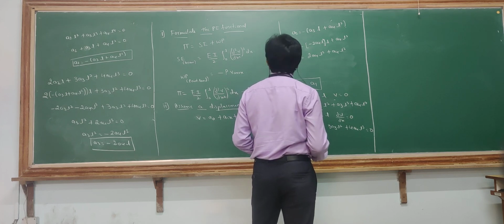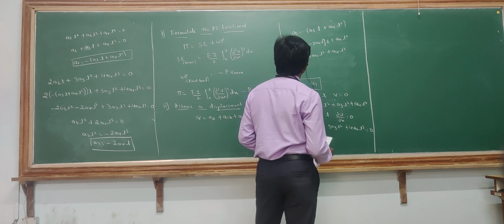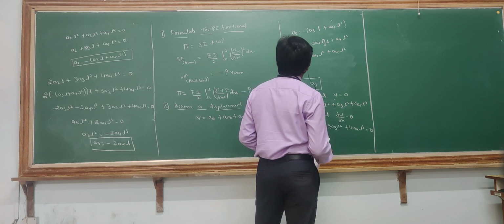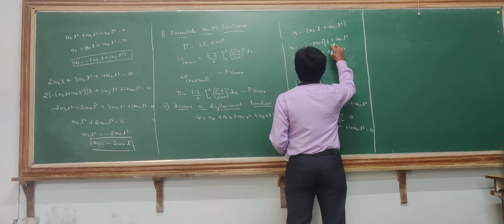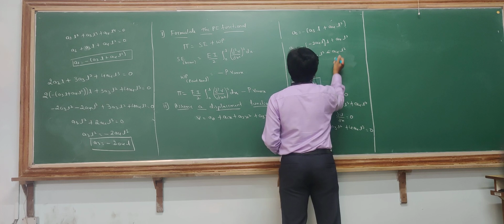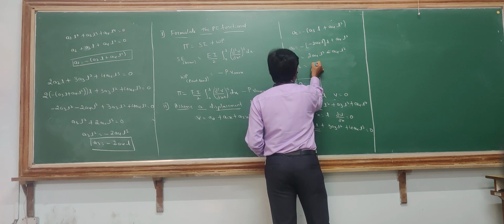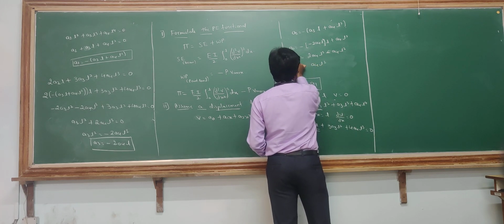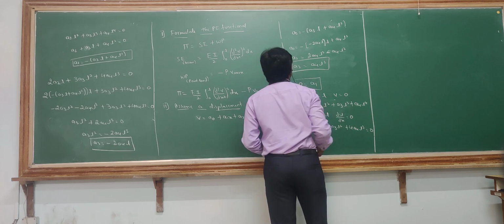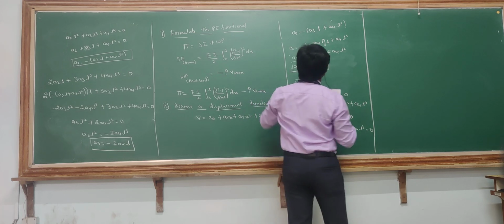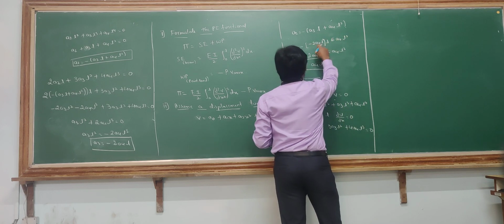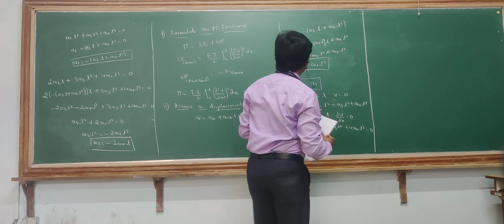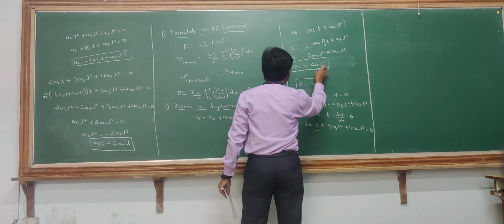Outside it is minus, so minus of minus gives plus, and so A2 is equal to A4L square.